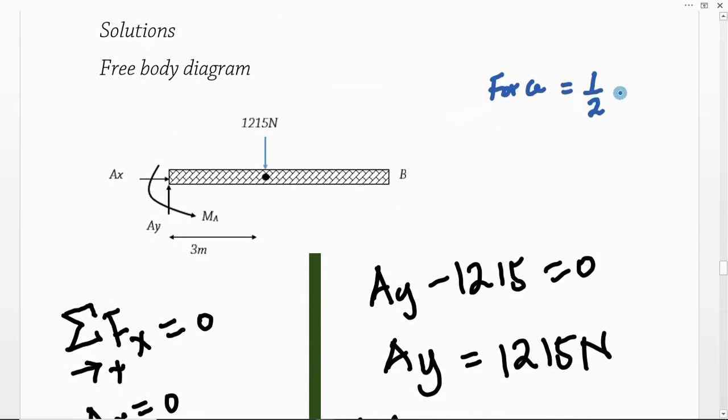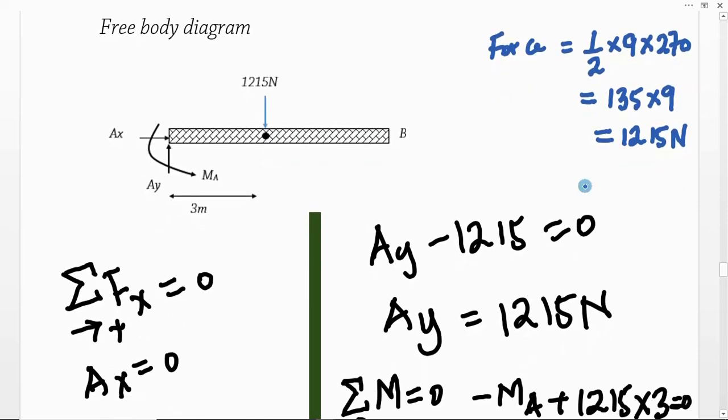So this would give you 135 times 9, and this should give you 1215 Newton.